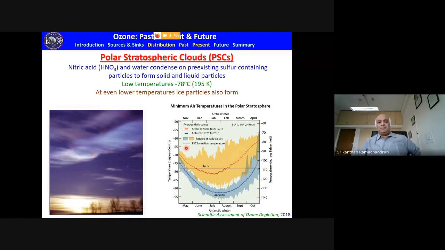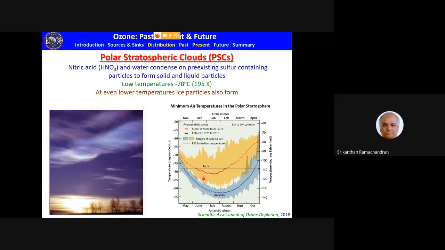If you look at the temperature structure, the variation of temperature at stratospheric altitudes in the polar stratosphere, with temperature in degrees Celsius and Fahrenheit given here, and compare both poles, the Antarctic and the Arctic, the straight line here indicates the minus 78 degree centigrade line, which is very conducive for the PSCs to form.